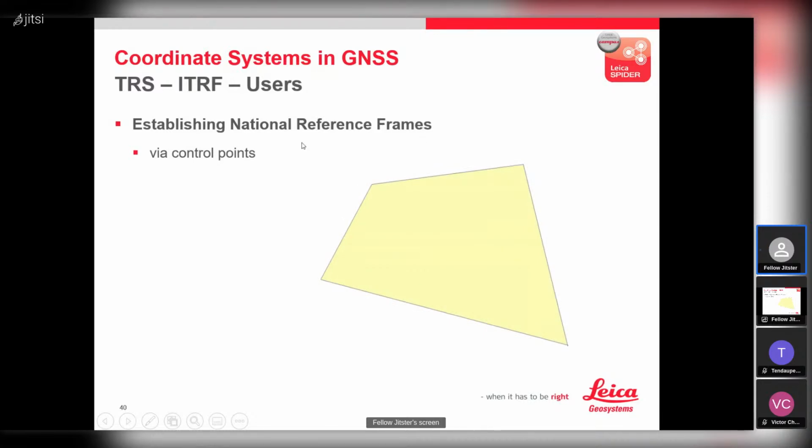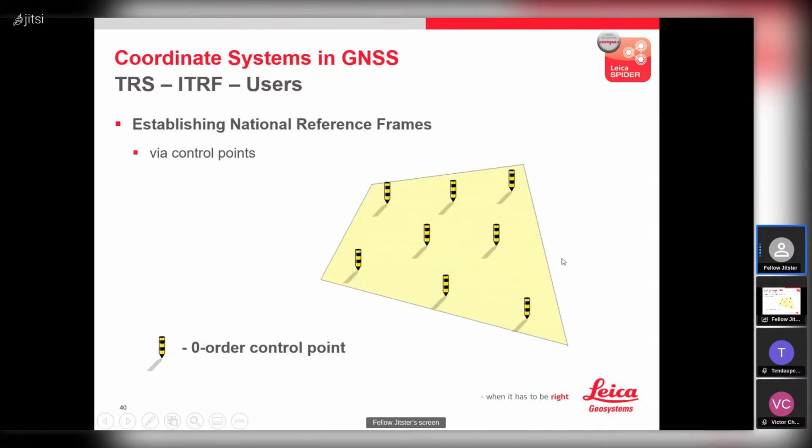ITRF is a global reference frame, but it's very impractical because surveyors cannot always transform the coordinates to the current epoch. That would be too complex. So normally, when you establish these national reference frames, you have two options. Historically, control points were the first realization of these national reference frames.